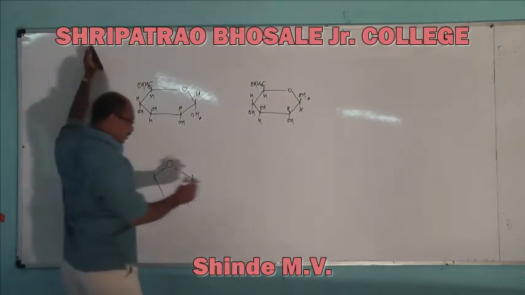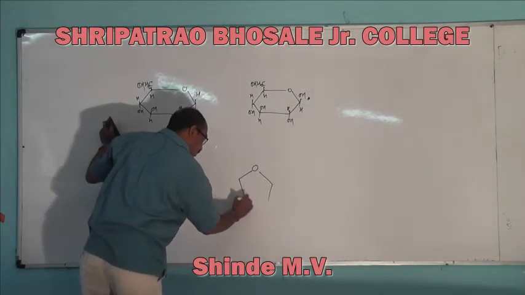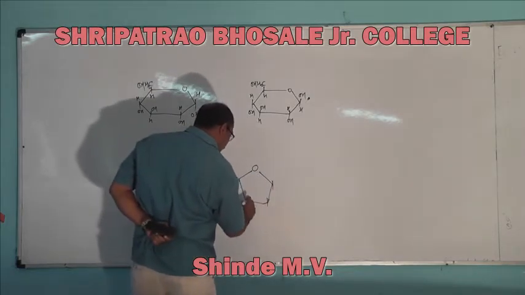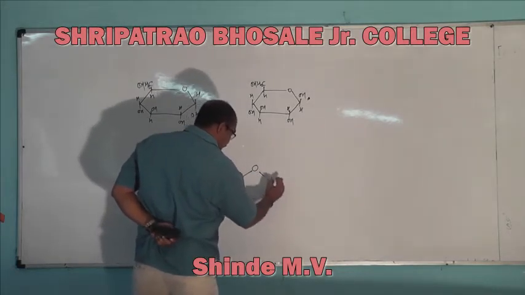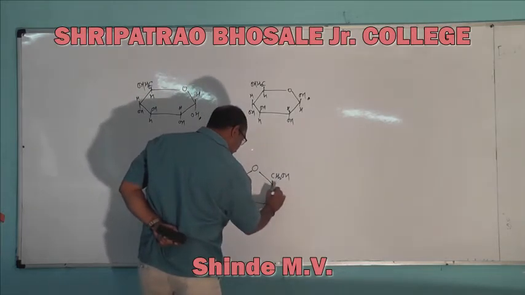Like this, in the fructose molecule, the hydrogen group is on the left hand side.